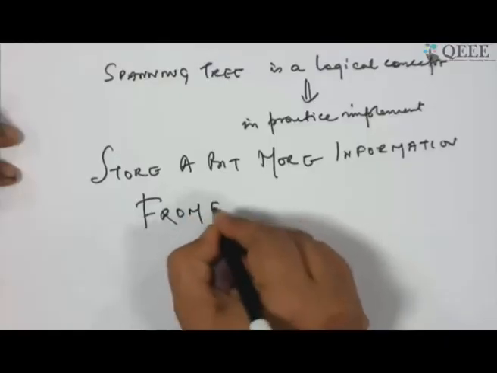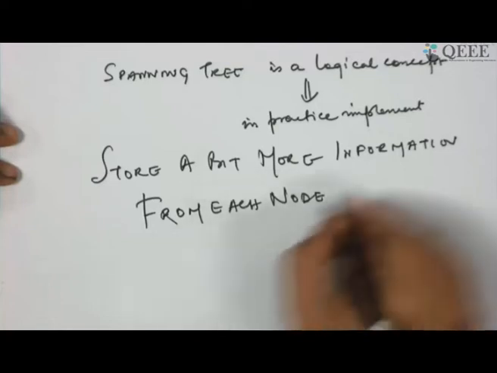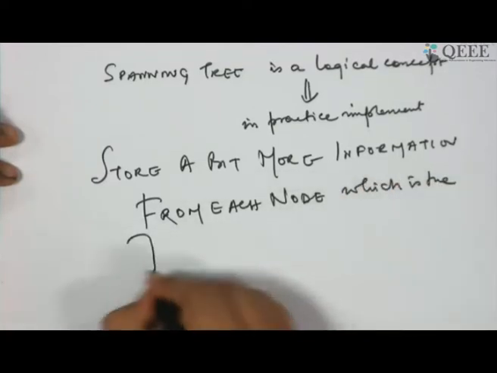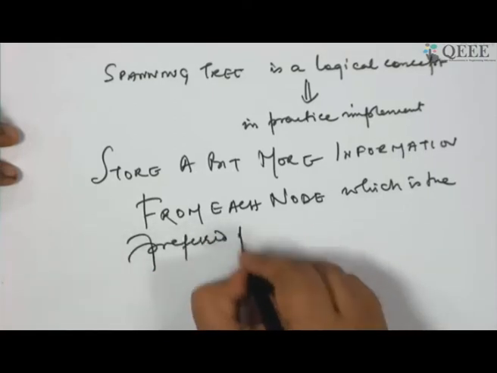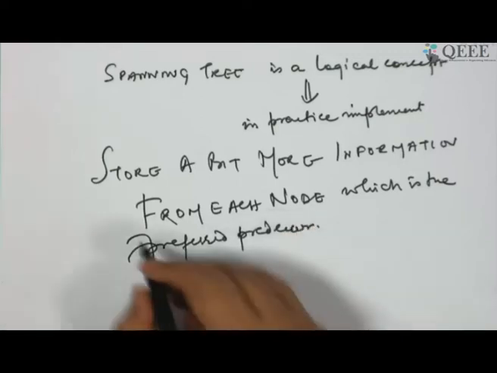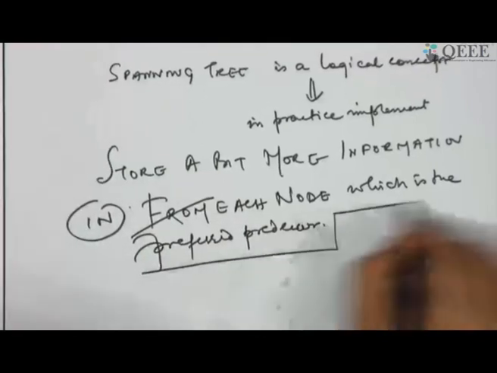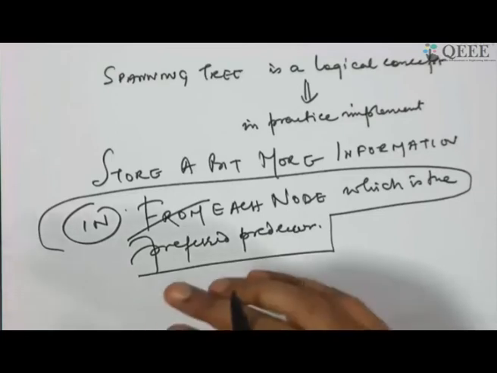From each node, which is the preferred path, the preferred predecessor. This you have to store in each node.